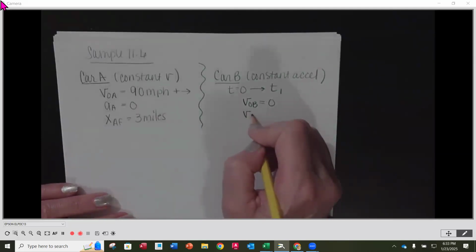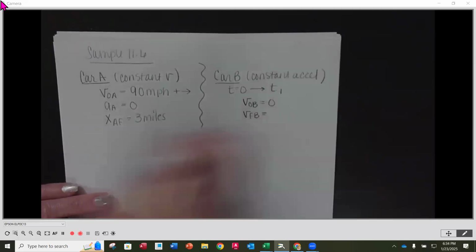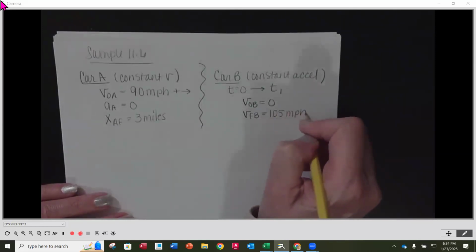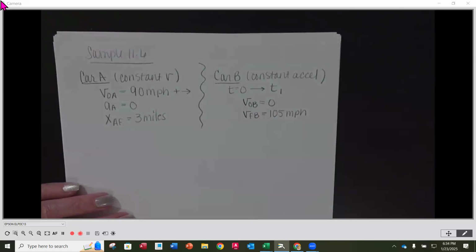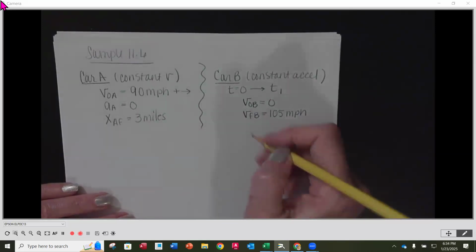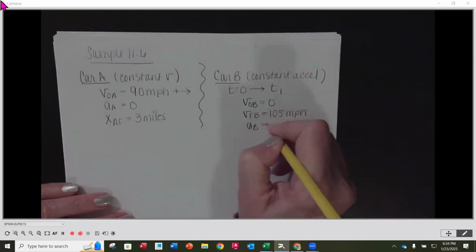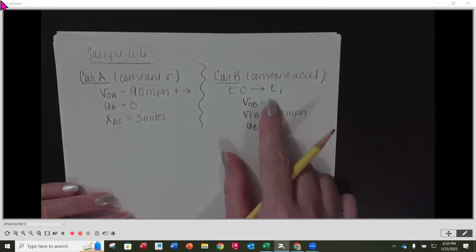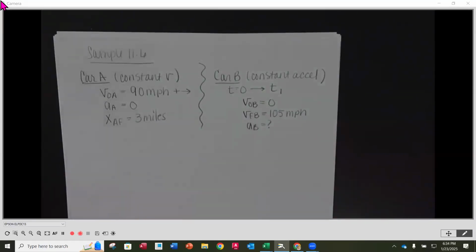And the V final B is going to be 105 miles per hour. So when we get to that time 1, it's going to be going 105 miles per hour. We want to find what this acceleration is. That's what we don't know right now, because we don't know the time. We do know the change in velocity, but this is what we're going to be working on.